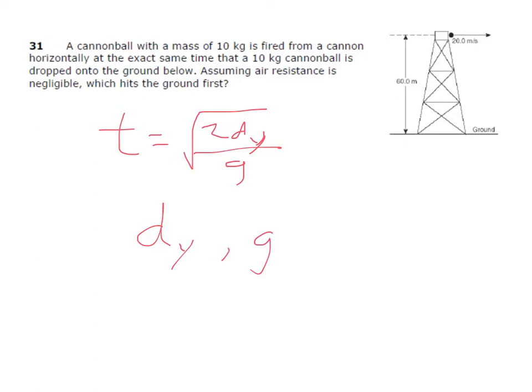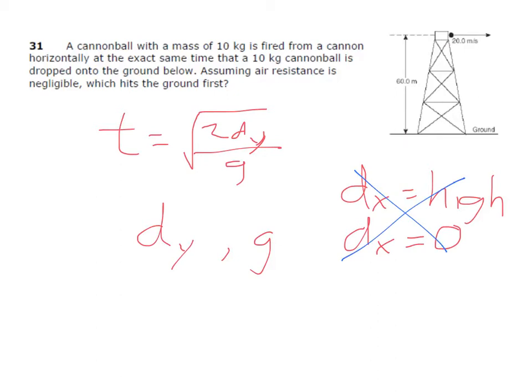Now obviously one of them has a very high dx value because it's fired from the cannon, and the other one, since it's just dropped, has a dx value of 0. But dx has nothing to do with the amount of time it takes to hit the ground. So the answer to this question is they both hit the ground at the same time.